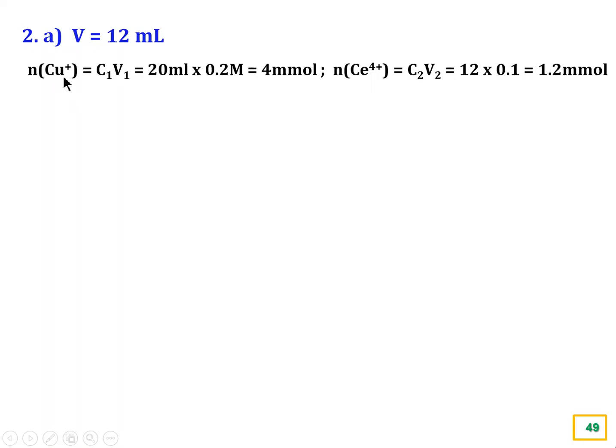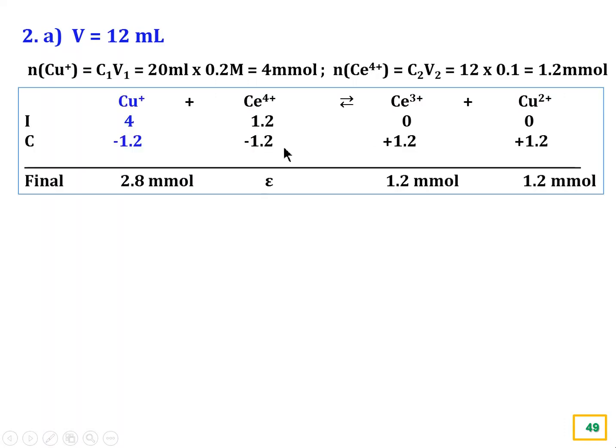The initial number of moles of Cu+ in the beaker equals C1 V1, equal to 4 millimoles. That of cerium 4+ added equals C2 V2, equal to 1.2 millimoles. So we will have a reaction between Cu+ and cerium 4+ to give cerium 3+ and Cu2+, and this reaction is complete and will reach equilibrium.